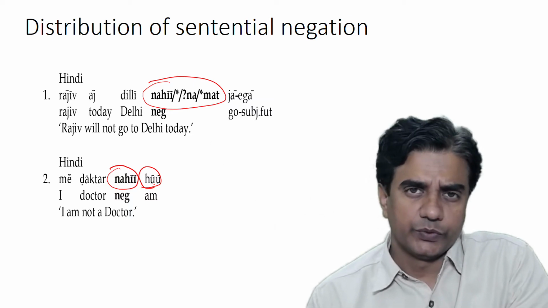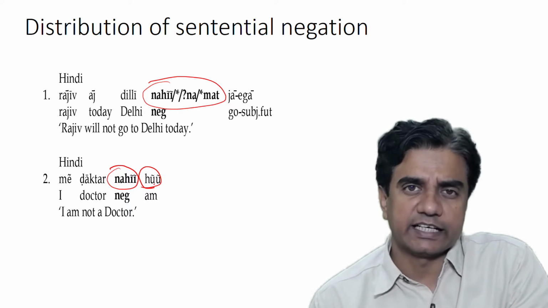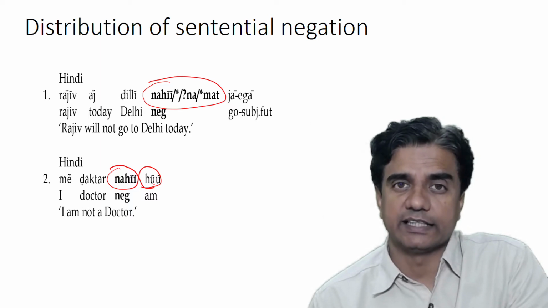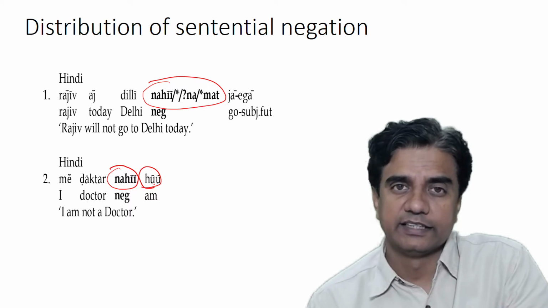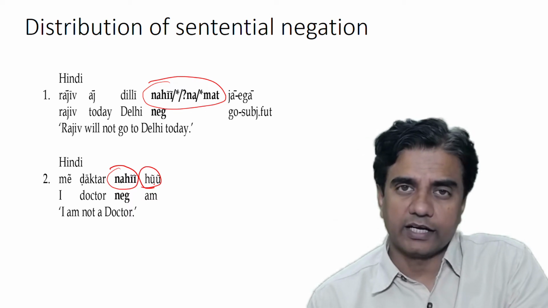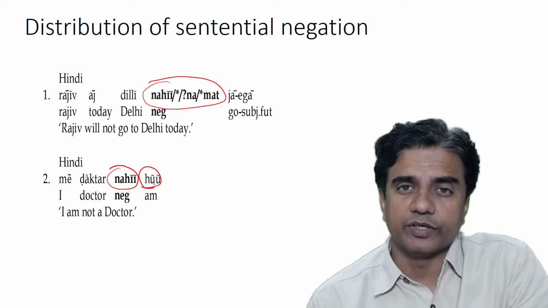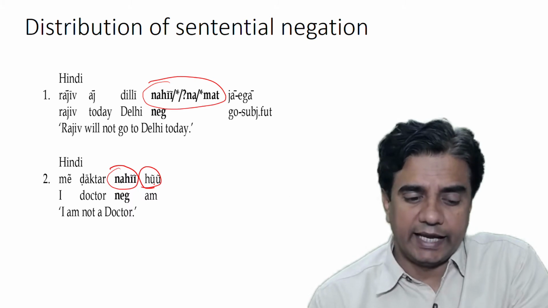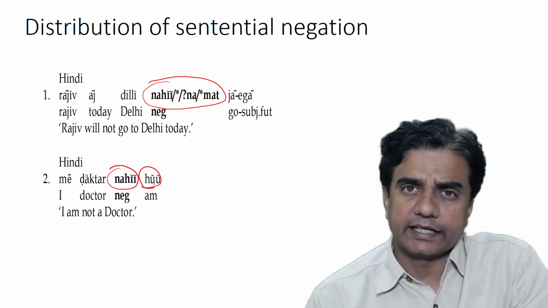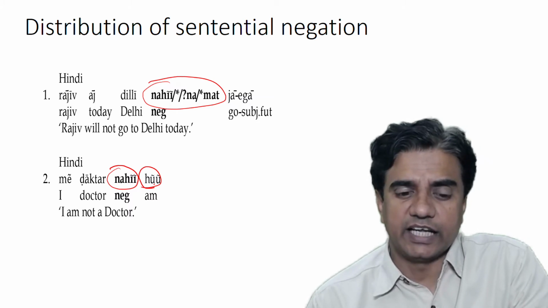So, what we see from sentences 1 and 2 is that there are three negative markers in a language like Hindi, namely nahi, na, and mat. They all occur to the left of the verb in the surface order, and there are restrictions on their occurrence.